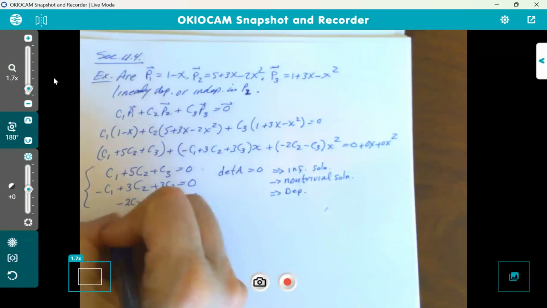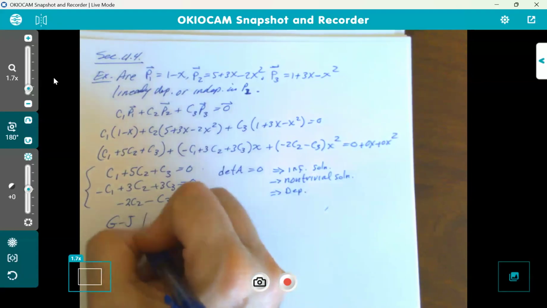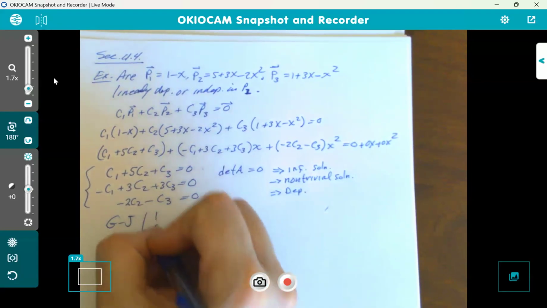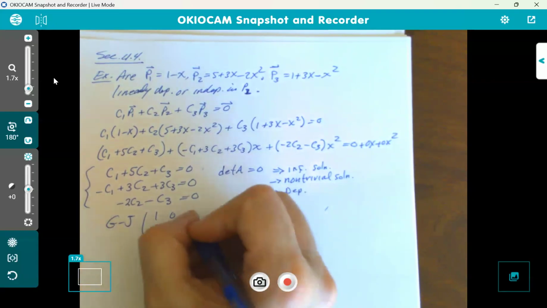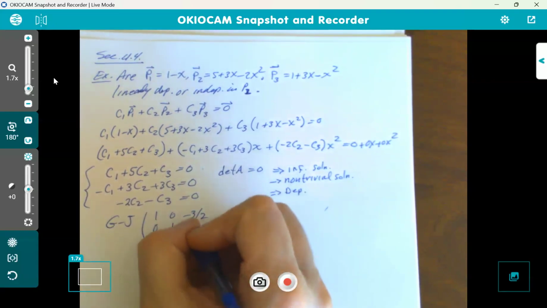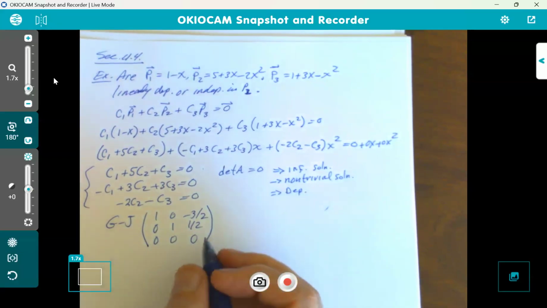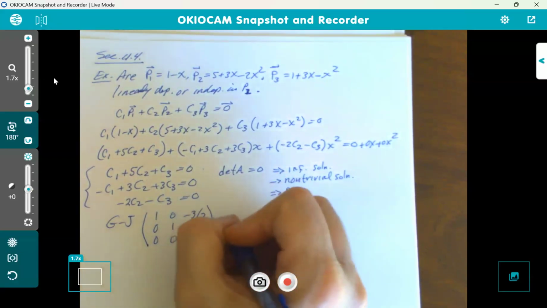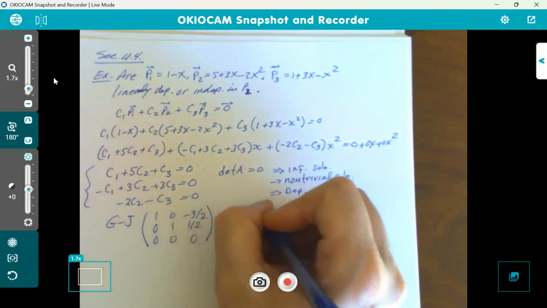If you go through Gauss-Jordan, which I did, by the way, using software, I get 1, 0, 0, 0, 1, 0, and negative 3 halves, a half, and 0. And again, you see a row of zeros. For this one, I let c3 equal t.